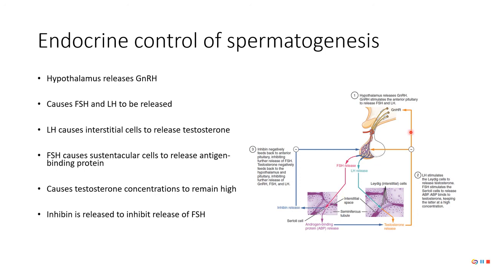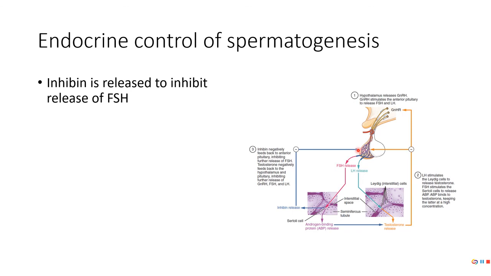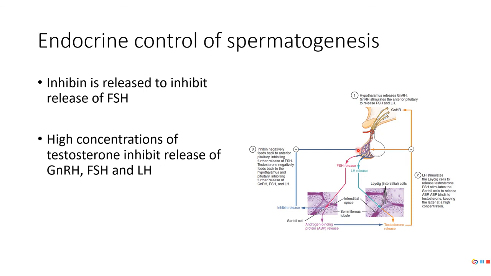Ultimately, this inhibits the release of more GnRH, and inhibin also prevents the release of FSH. High concentrations of testosterone also inhibit the release of GnRH, FSH, and LH.